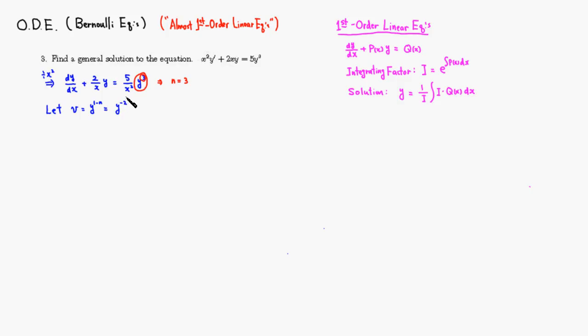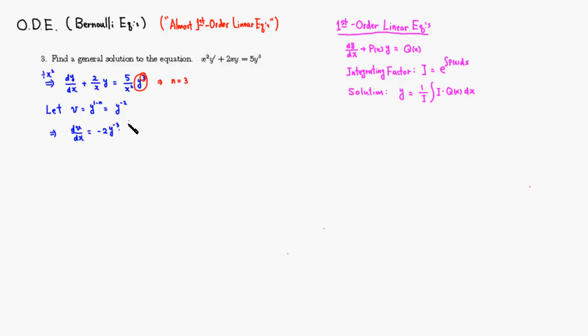So let's take the derivative. I'm going to try to rewrite this differential equation in terms of v. So dv over dx is equal to negative 2 in front, y, and subtract 1 from the power, so it's negative 3.